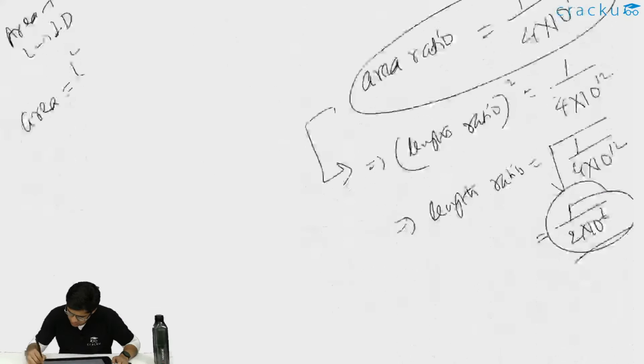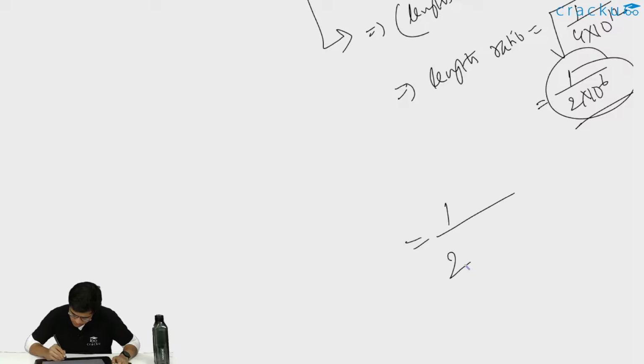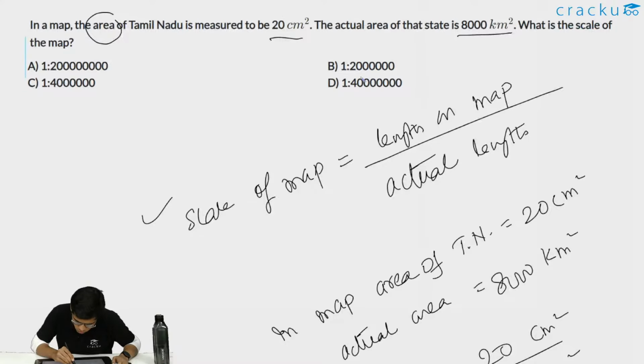It is 1 by 2 and then 6 zeros, 1 2 3 4 5 6. This is the length ratio. Option B is the correct answer. Okay guys, any doubts, please tell, or we can move to the next question. Okay, let's move to the next question.